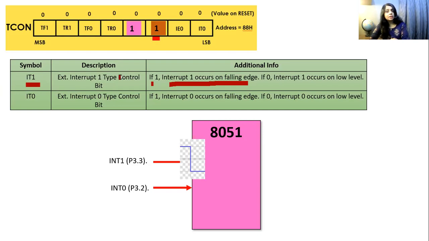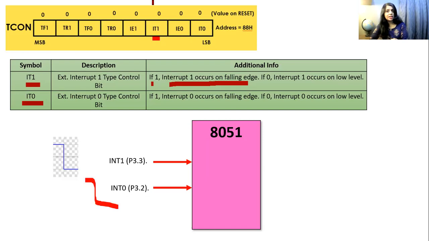Okay. Then same goes for IT0. If IT0 is 1, and if there is a falling edge on this, then this IE0 will be set to 1.